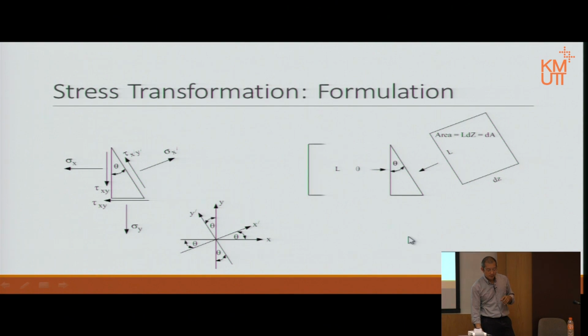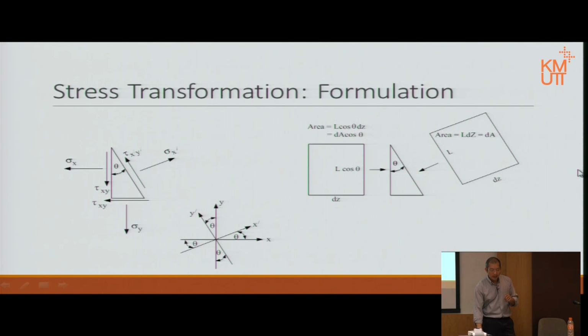How about that one then? If that length is L, then from the triangle, that length will be L cosine theta, right? The depth is still the whole wedge, the same wedge. Therefore, the depth is still dz. Meaning that area, when you look into it, is L cosine theta dz.